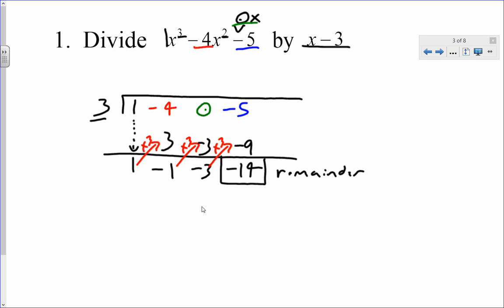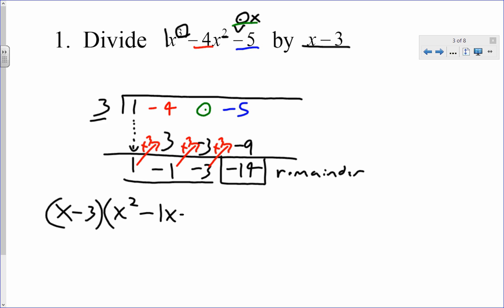Okay, so what these values tell me is that when divided by x minus 3, the quotient is always 1 degree less than the original. So this is x squared minus 1x minus 3.